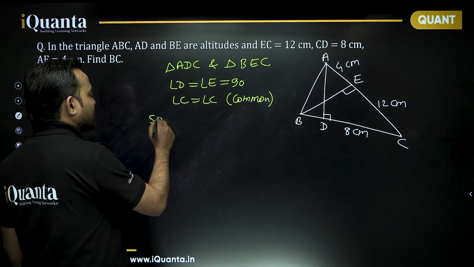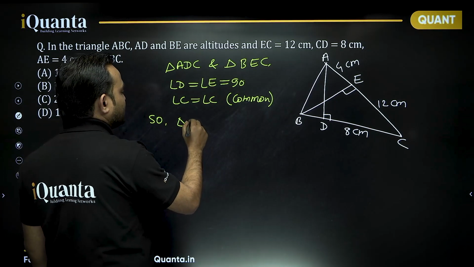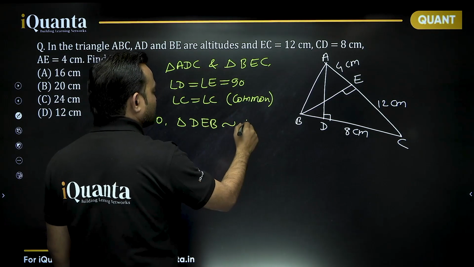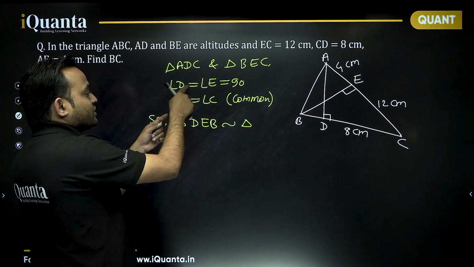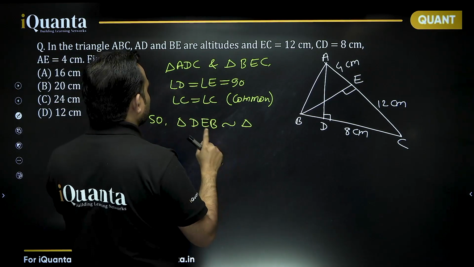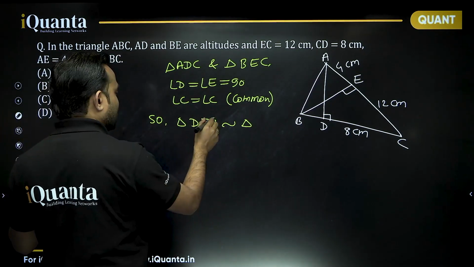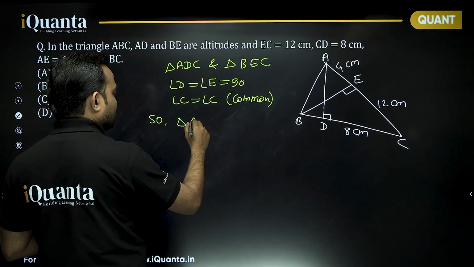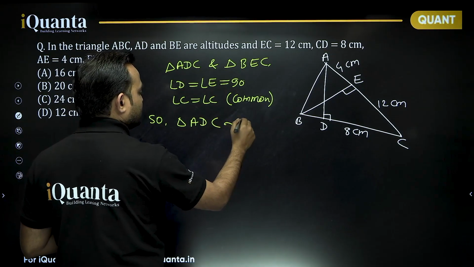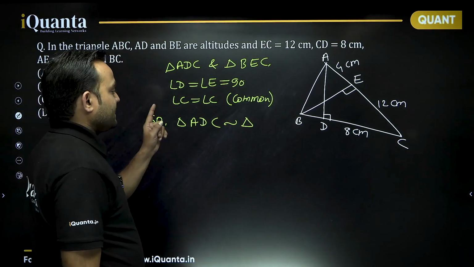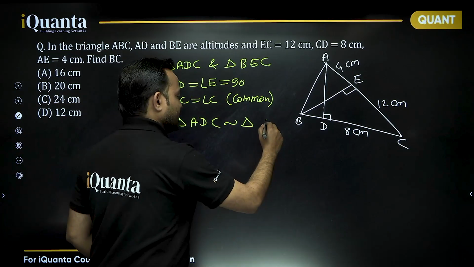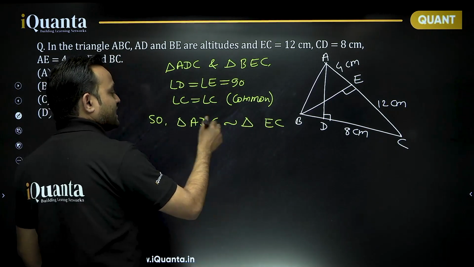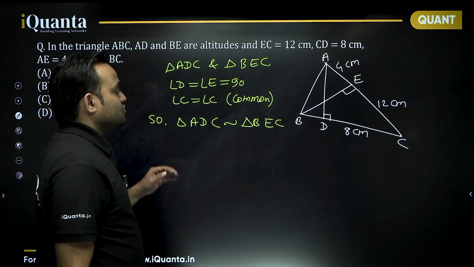So we can say that triangle ADC will be similar to a triangle. Now with respect to D, one of the triangles was ADC. So let's write A, D and C will be similar to a triangle where, instead of D, we write E, instead of C we write C, and the remaining vertex A will correspond to B. So this should be the order.